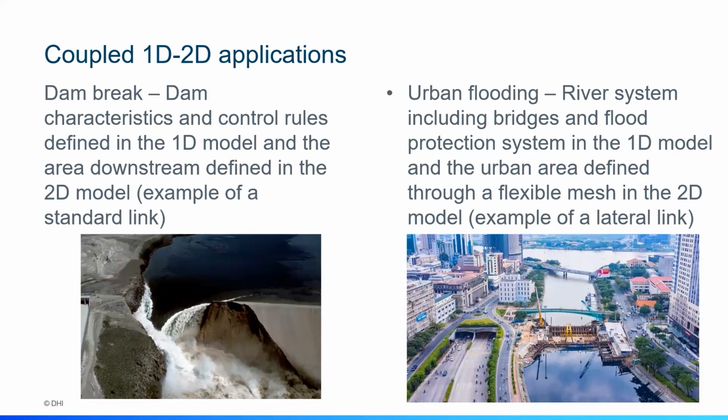Another type of application could be urban flooding, where the river channel and the flow protection infrastructure could be defined by the 1D model along the river, and the urban area can be defined using the 2D domain and the mesh available in the model representation.